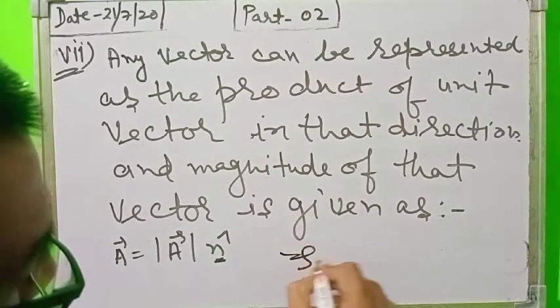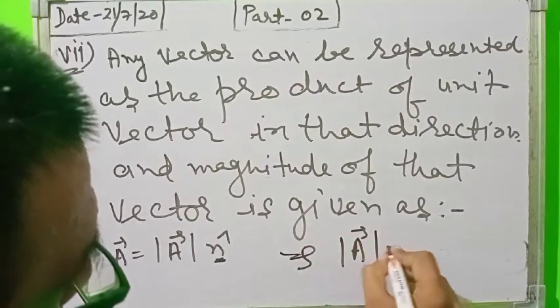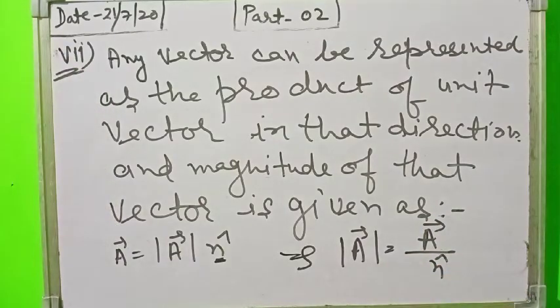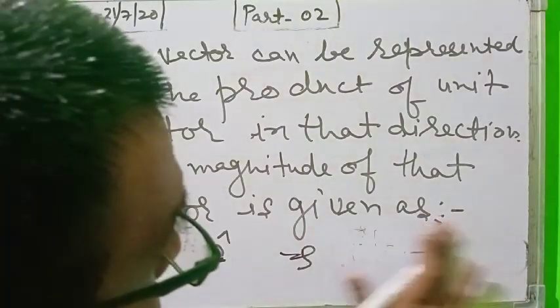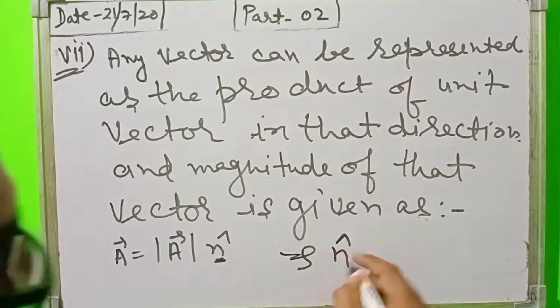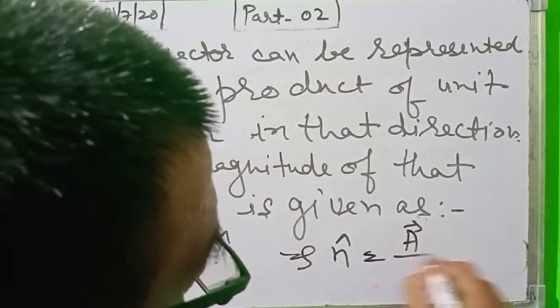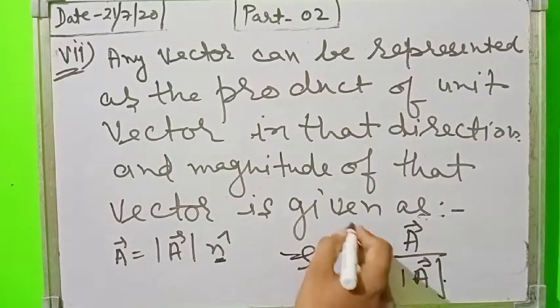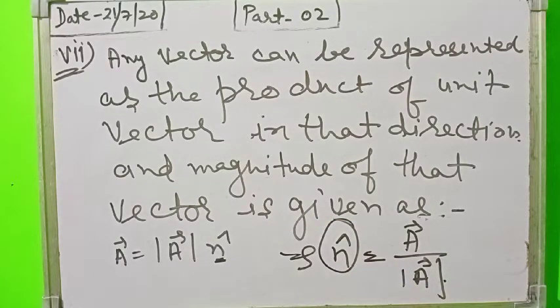Or you can write the unit vector along any vector as vector A upon magnitude of vector A. Means if there is any vector, then there is a unit vector along its direction, which can be calculated as vector upon magnitude of vector, and it gives the unit vector along the direction of that vector.